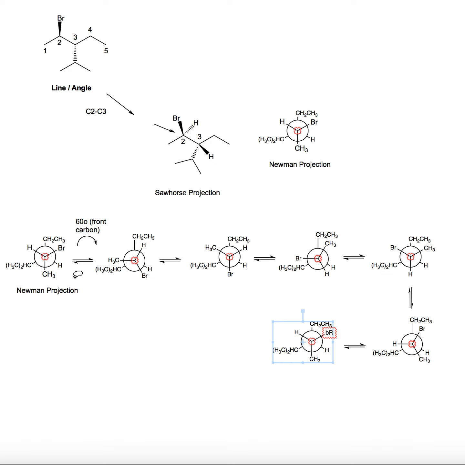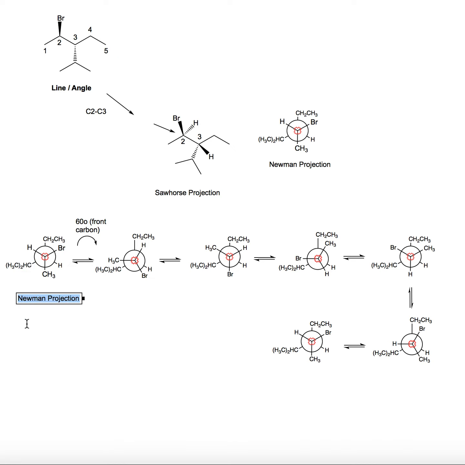Obviously, if you keep one carbon fixed and rotate the other 60 degrees at a time, 6 times 60 is 360, which is a full rotation of a carbon. So you should be expecting to get back to the first Newman projection. All these are conformations, and we call these conformers. This is what you will analyze to make a conformational analysis.